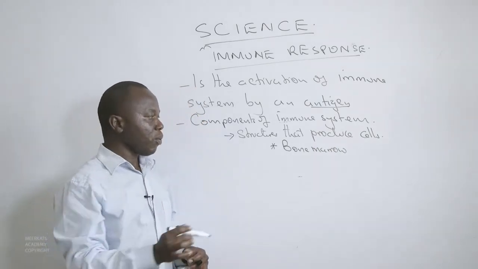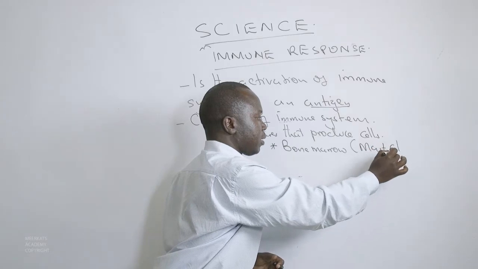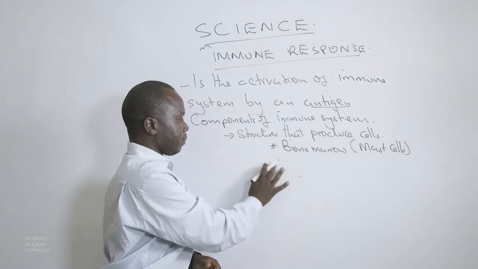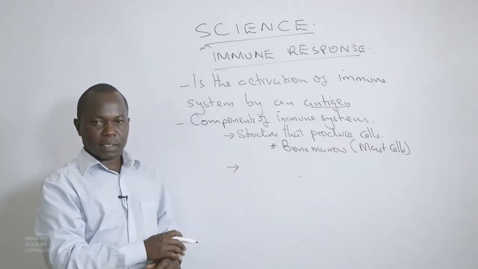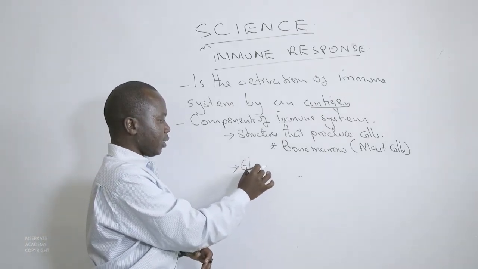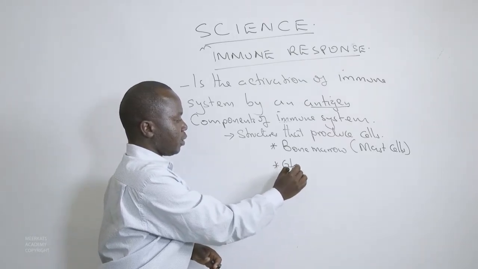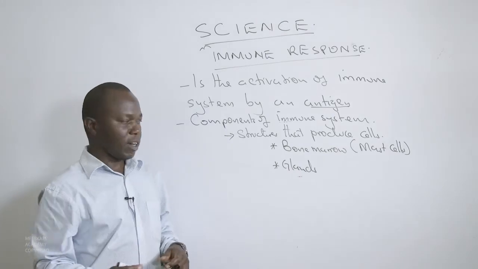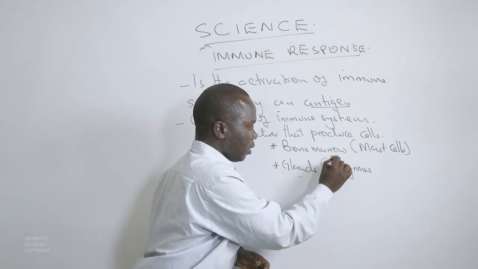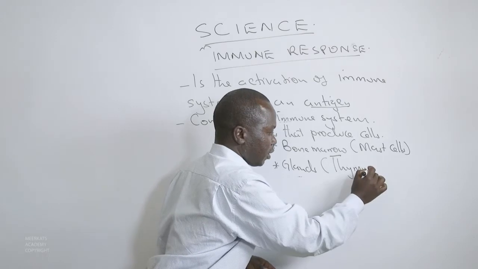So in the bone marrow, we have specific cells called mast cells. And also some glands produce the cells. This one we can put here, glands. We have a specific gland called the thymus gland. The thymus gland produces the B lymphocytes.